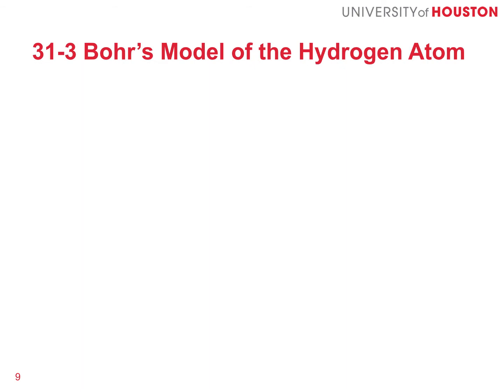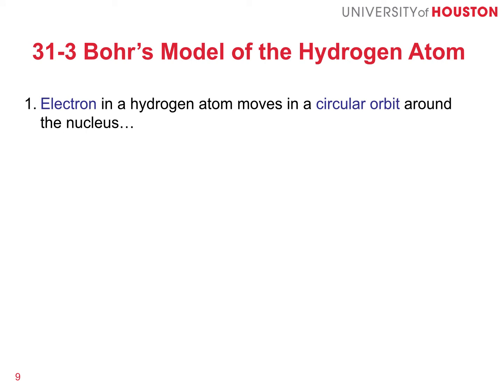Now, these observations interested a scientist called Niels Bohr, and he proposed a model to try and explain them. The model has 3 assumptions. The first assumption is that the electron in a hydrogen atom moves in a circular orbit around the nucleus.